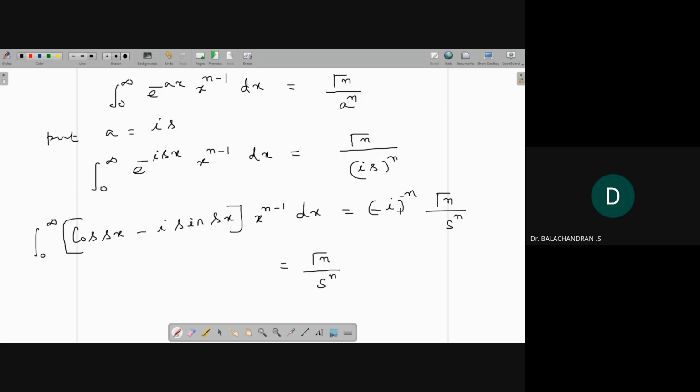So now minus i, you can write cos pi by 2... I think I'm making some mistake. 1 by i is minus i. So i power n. I think here we have plus only.